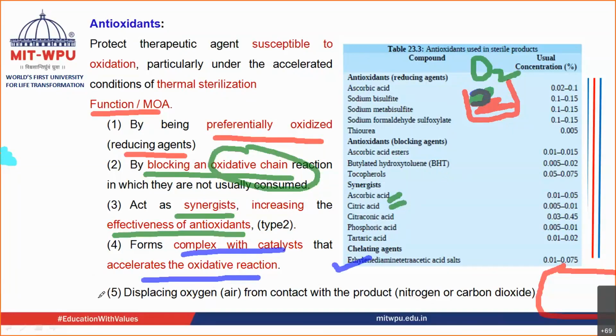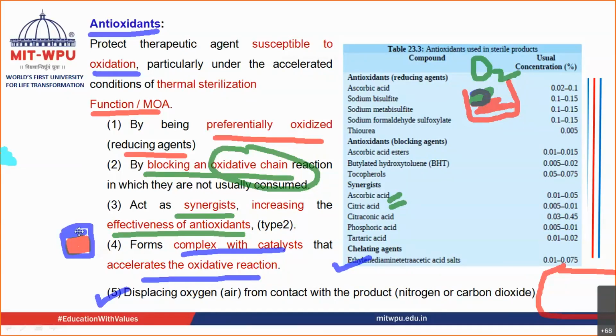Another method which we are also going to see further is the displacing of oxygen. This is not a true antioxidant, but if you want to block the oxidation reaction, then whatever the container you have, some amount of oxygen is going to be present over here, right? So these are your powders, and apart from powders, there is going to be some gap that remains on the top. This gap is going to be filled with what? Oxygen.